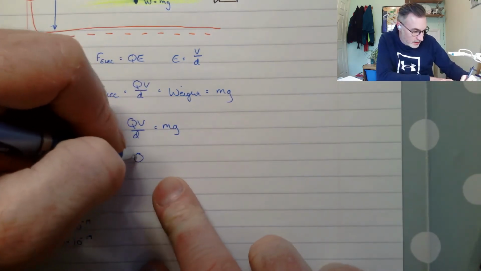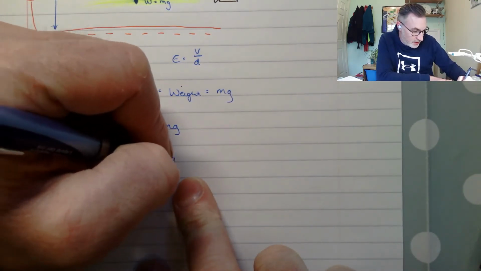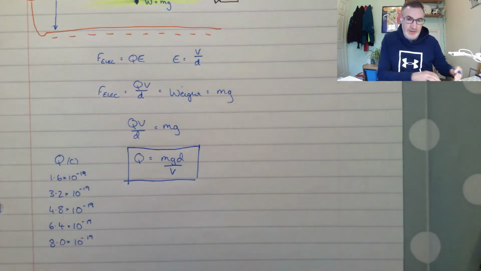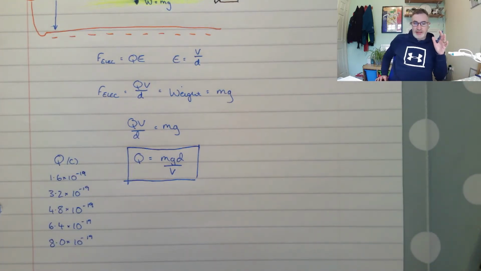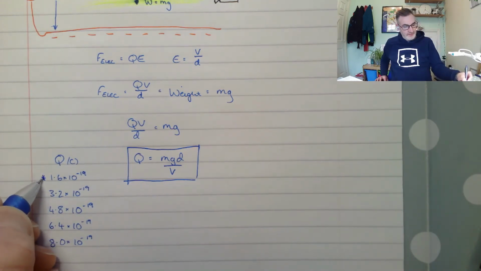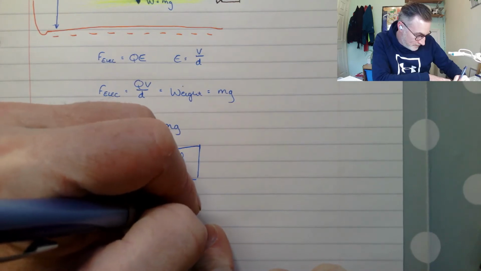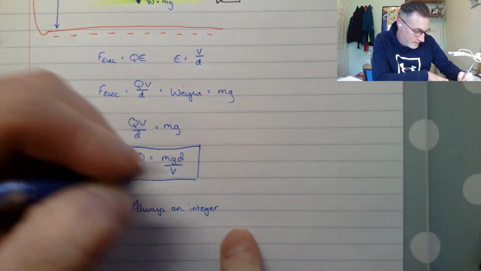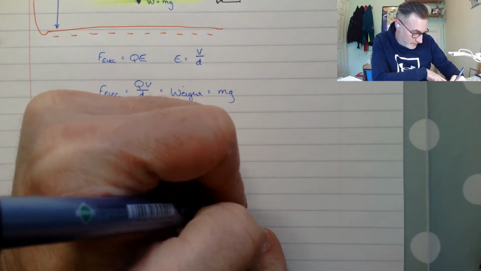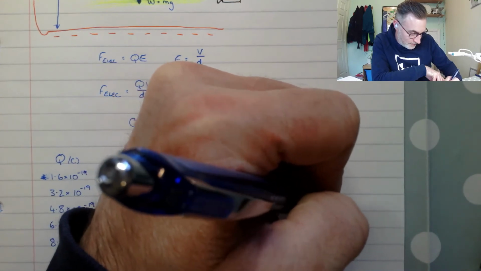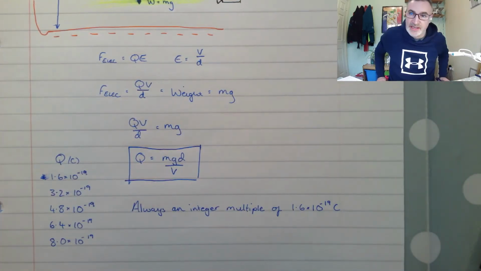But no matter what he did, he always found that the amount of charge that was calculated from this, if we just rearrange this, so we would have mgd over V, no matter what he did with this, he would always get an integer multiple of 1.6 times 10 to the minus 19 coulombs.